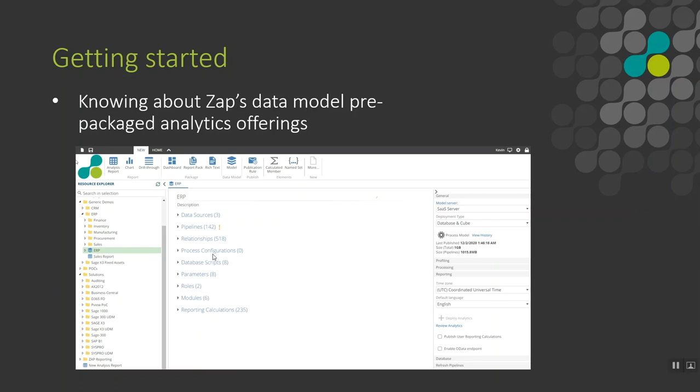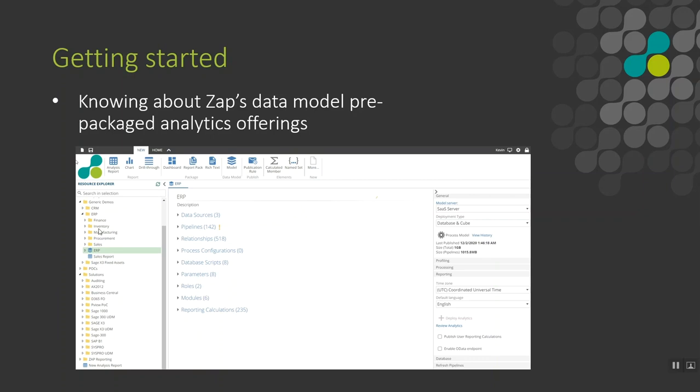There are process configurations which will determine the freshness of your data. There are database scripts which serve to augment your data by doing cleaning and transformation. Parameters are able to be set against various pipelines. Roles, modules, reporting calculations are to manage permissions.